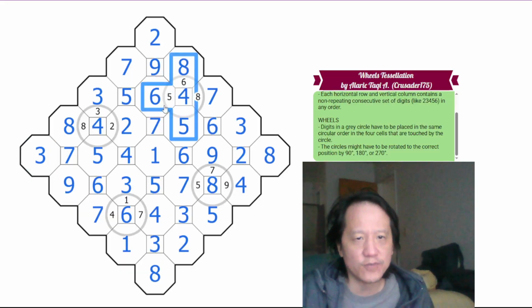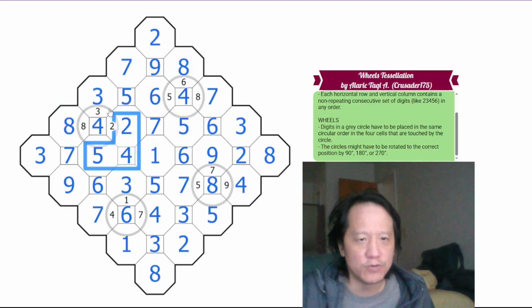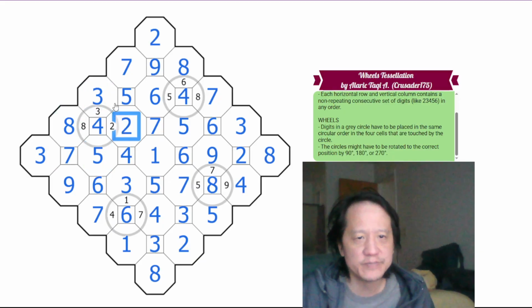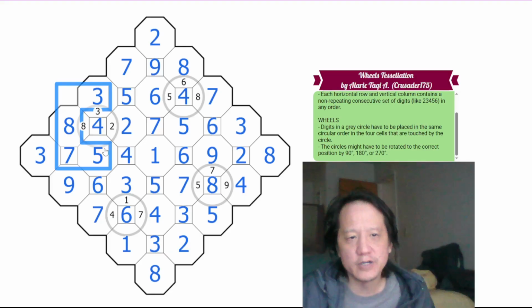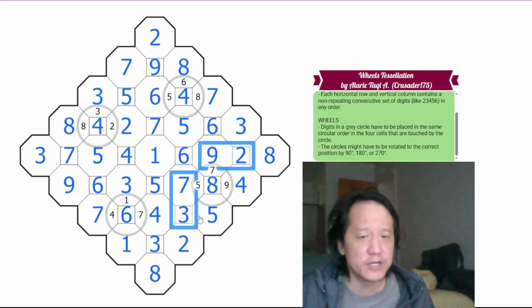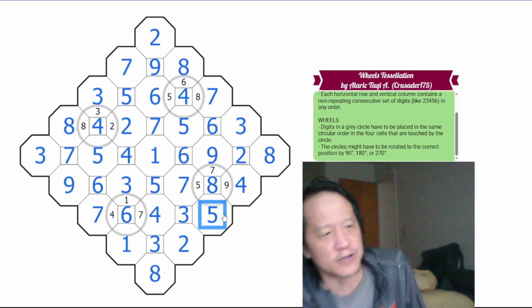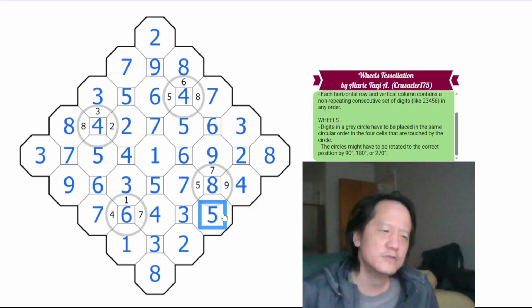Yeah, pretty straightforward. I didn't really get the wheel here correct. So that was interesting, actually. But yeah, everything flows from that. I've never done anything like these wheel things, so that's kind of interesting. You could probably use that in normal Sudoku, too. Possibly.